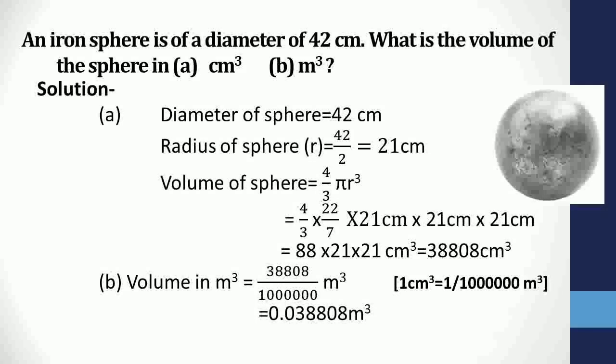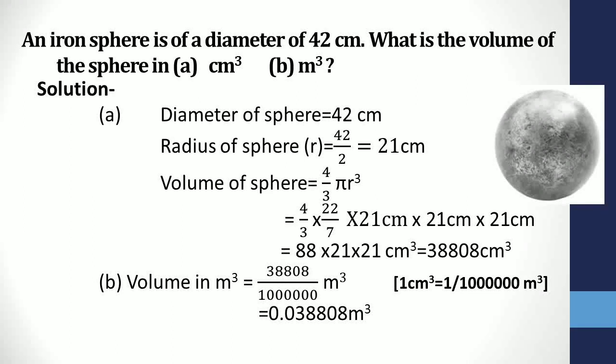Now we have to change it into meter cube. Clear? And as we know that 1 centimeter cube is 1 upon 10 lakh meter cube, so we have to divide this value by 10 lakh to change it into meter cube. So volume in meter cube will be 38,808 upon 10 lakh meter cube.